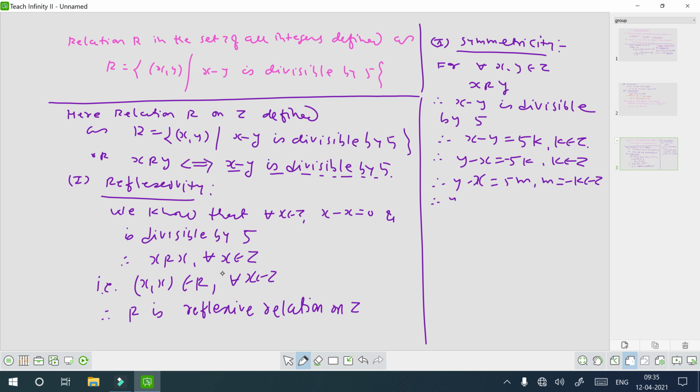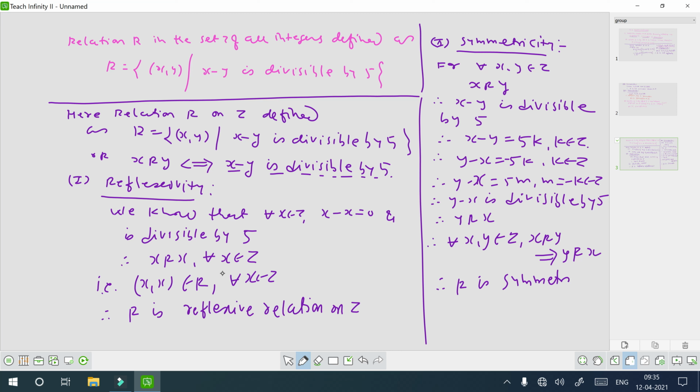And therefore y minus x is divisible by 5, and therefore y R x. And therefore what we have to write? For x, y belongs to Z, x R y implies y R x, and therefore R is a symmetric relation on Z. In this way we can check symmetricity.